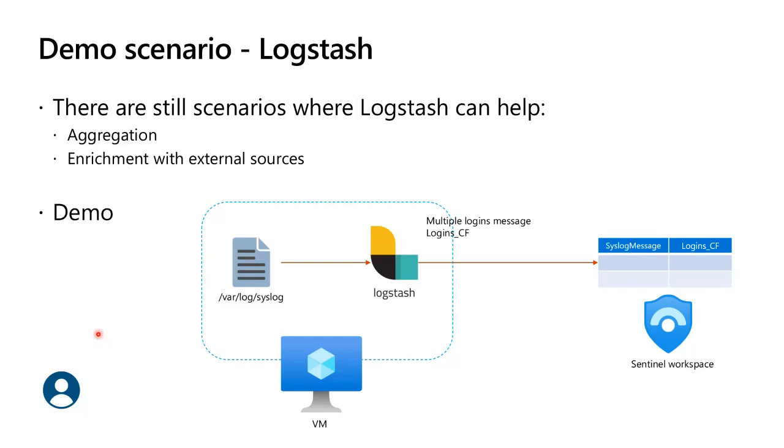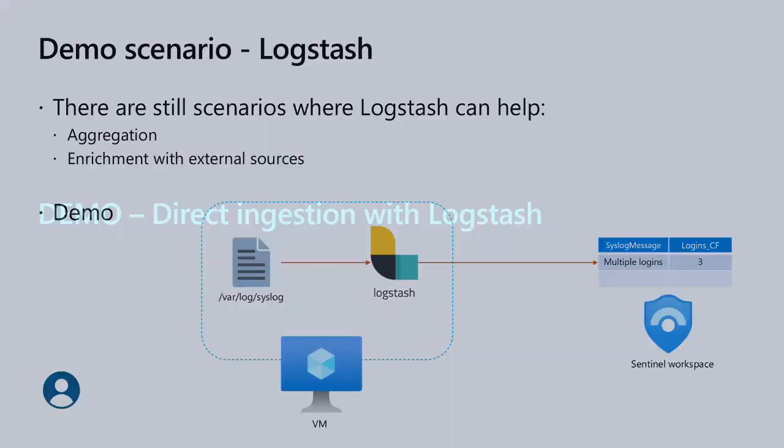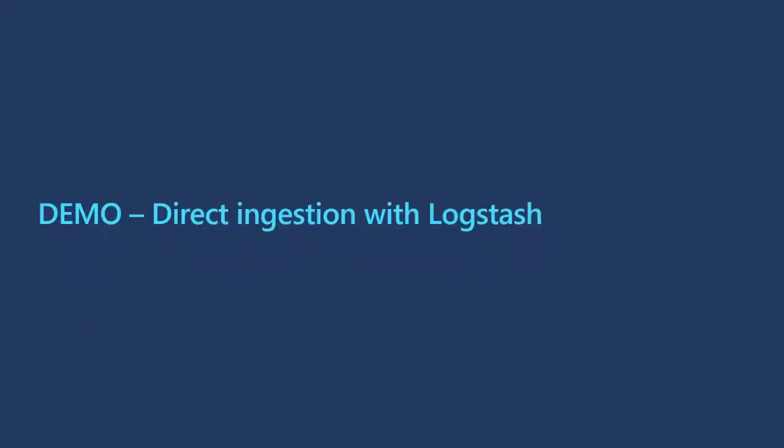Then we're going to populate a new custom field that we created in our syslog table, and that is going to be sent into Sentinel via the Logstash plugin we just talked about, and written into the table. So we'll see a multiple logins message, and the number of times that message was repeated in the logins_cf field. Let's take a look at this live in a demo.